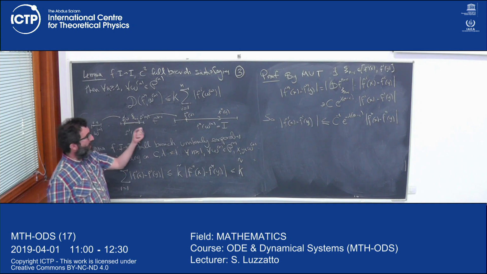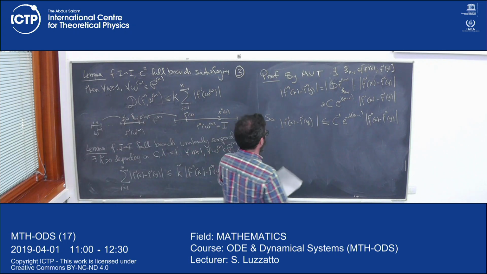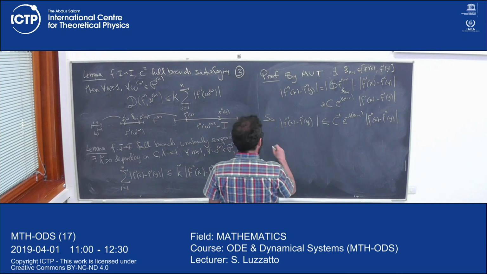So what we're seeing is that these intervals are geometrically decreasing in terms of the last one. Okay, and then we just sum up, which is what we're looking for, is the sum.